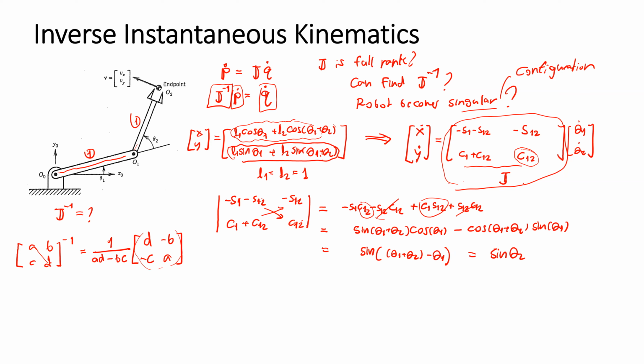So the inverse Jacobian for this case is 1 per sin theta 2, and the matrix will be C12 and S12 on top, and minus C1 minus C12 and minus S1 minus S12 below.